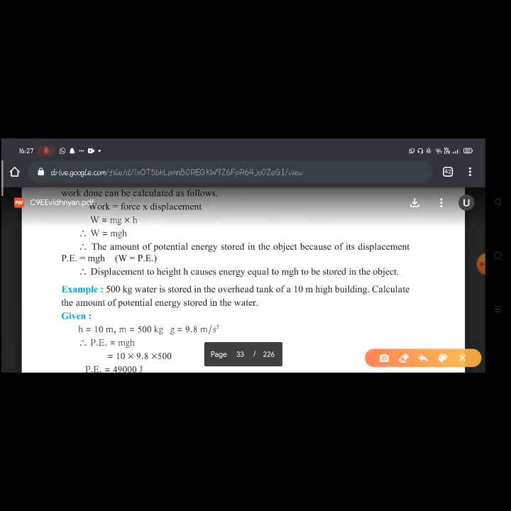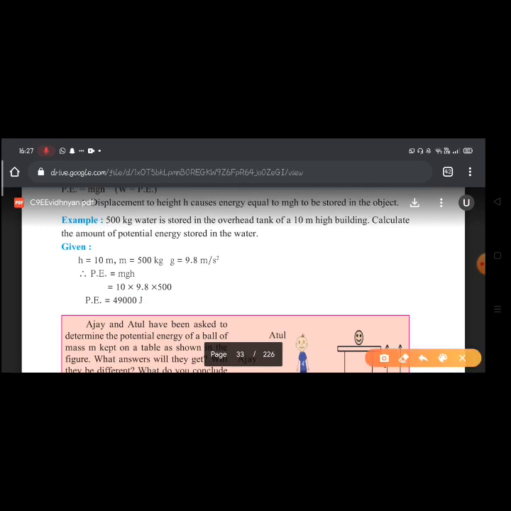We have the mass, we have the height, and we just have to calculate the potential energy because we know the gravitational acceleration, that is 9.8 meters per second squared. So we just have to put all the values in here, and the final outcome is 49,000 joules. I hope you all remember that the unit of work is joule.